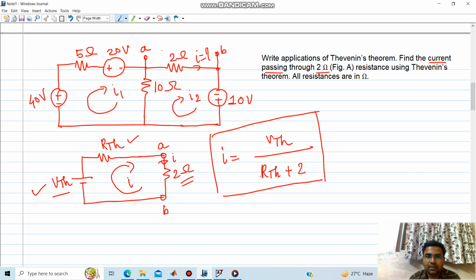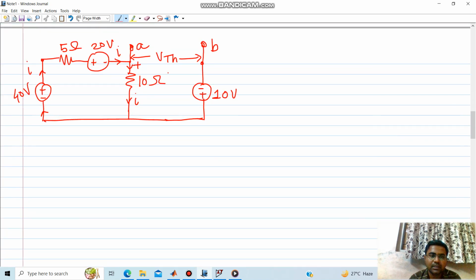Alright. So firstly I will open this 2 ohm resistor, and then my circuit will look like this. After opening this load, there will be current only in the first loop and no current in the second loop.